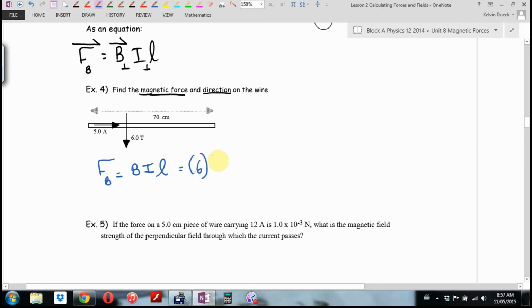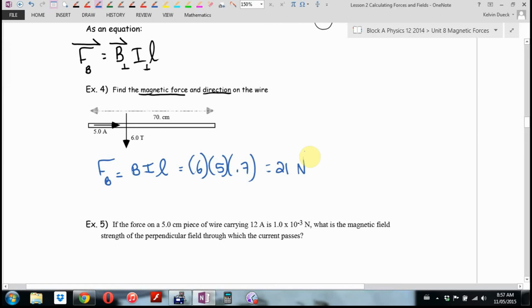Pretty big. How much wire is inside the magnetic field? 0.7. Grant is reaching for his calculator and disappointing me. I'm going to go 6 times 5 is 30. 3 times 7 is 21. 30 times 0.7, I'm pretty sure, is also 21 newtons. Is it not?